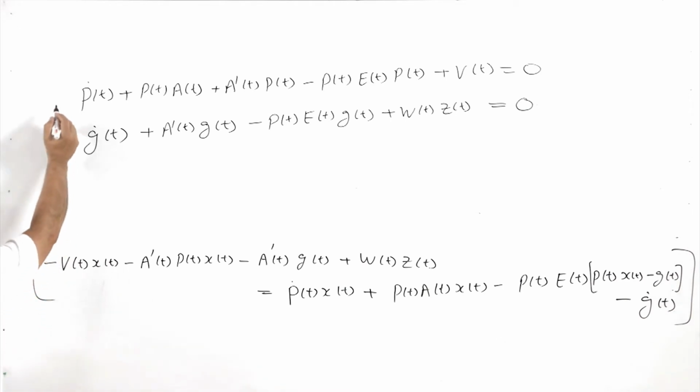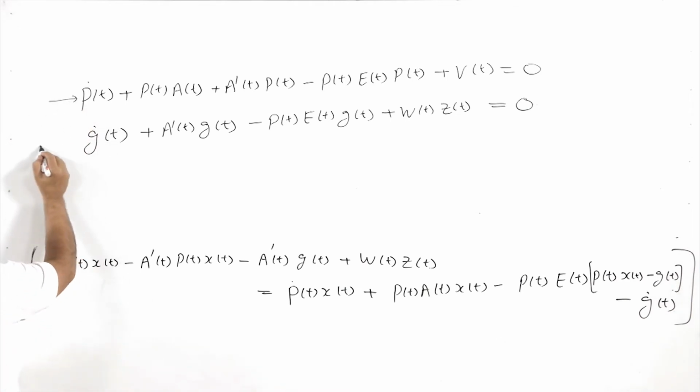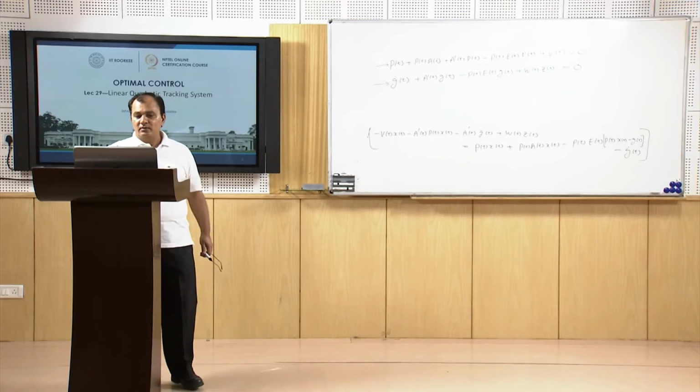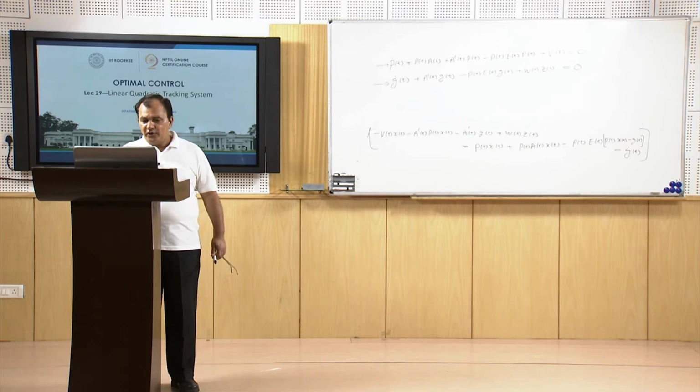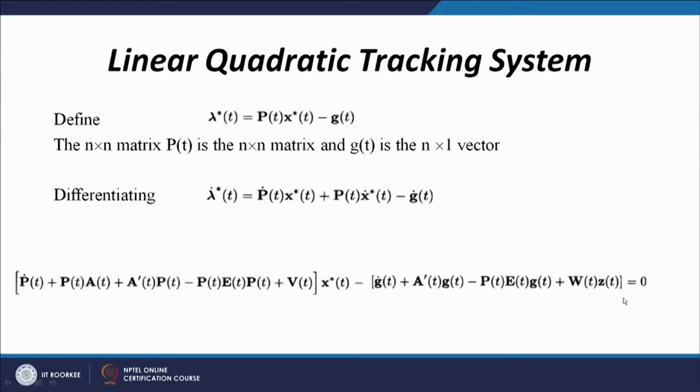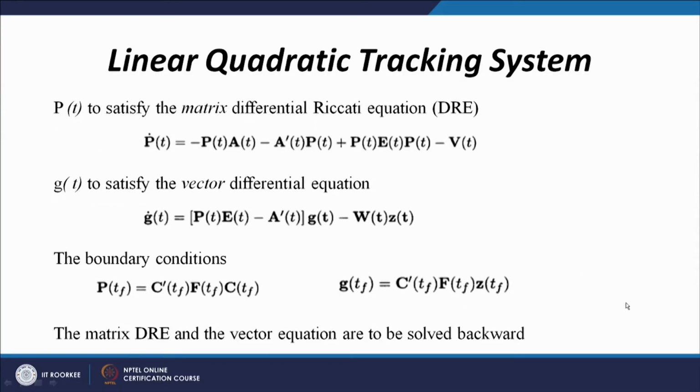So, we got these two equations to be 0. This term will be 0, this term will be 0, and if I arrange these equations, I get the first equation as p dot equal to this, and this is nothing but my matrix differential Riccati equation for the quadratic regulator system.